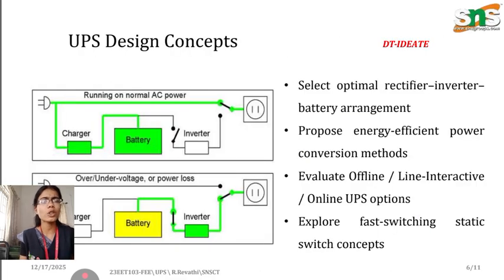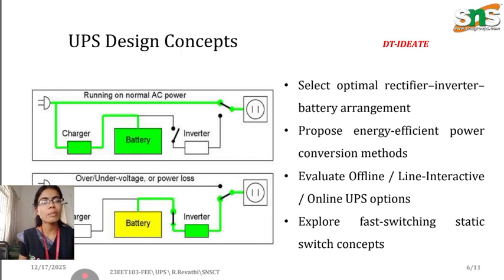So this is the design concept of a UPS. Running on normal power supply, it acts as a charger and stores the charge in the battery, and then it converts the stored charge to an AC supply through an inverter, and it is given to the load. Under voltage or power loss, the battery and inverter act as the main source.